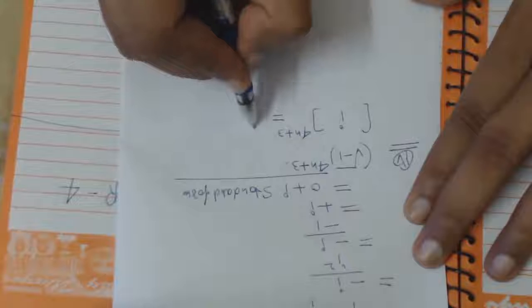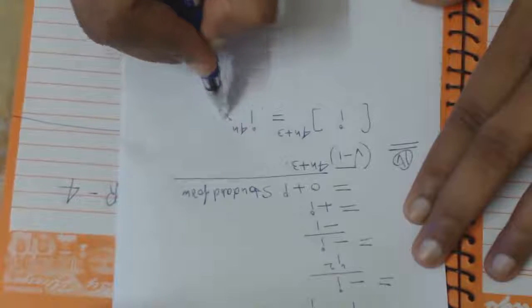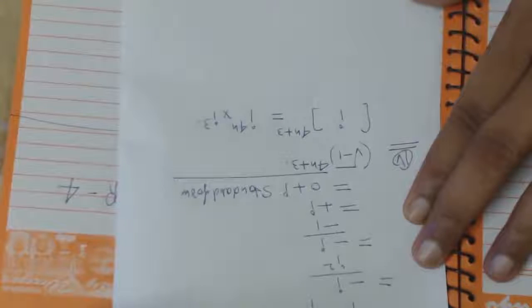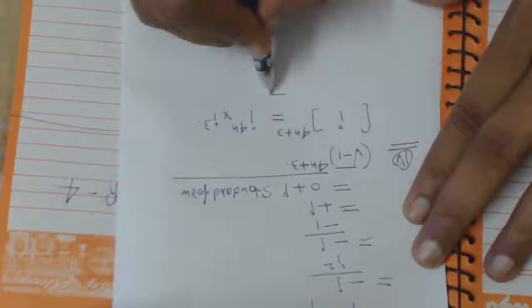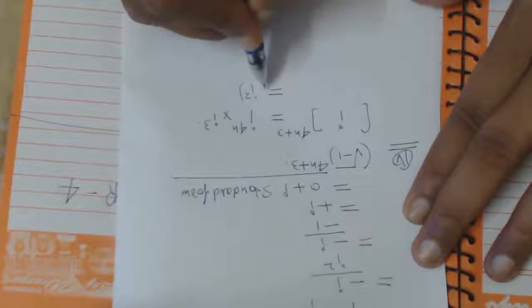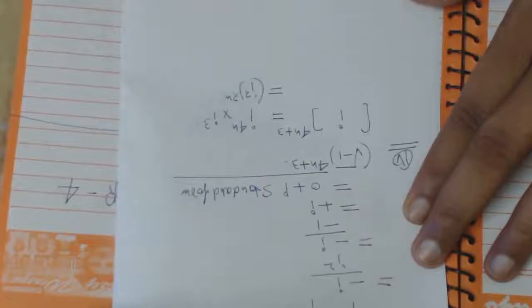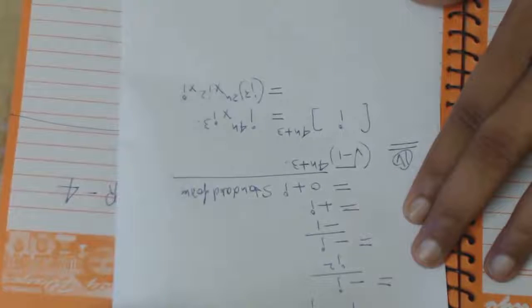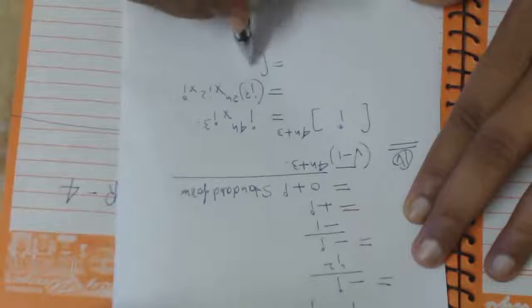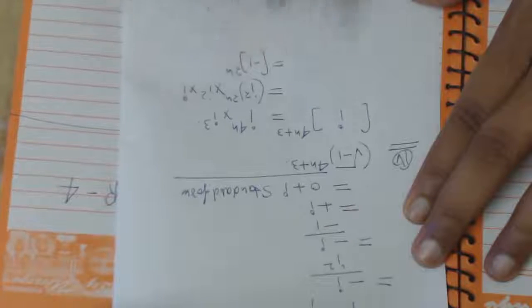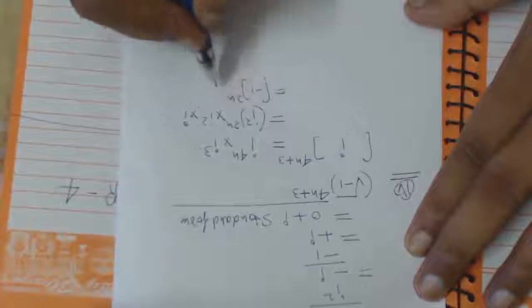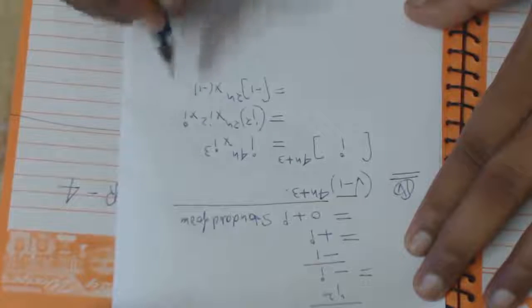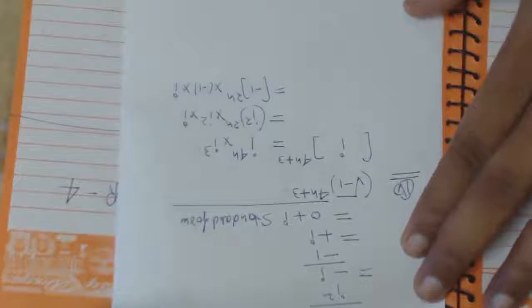It will give you iota raised to the power 4n into iota raised to the power 3. Iota raised to the power 4n is iota square raised to the power 2n, into iota square into iota. Iota square is minus 1, so minus 1 raised to the power 2n, into minus 1 into iota.